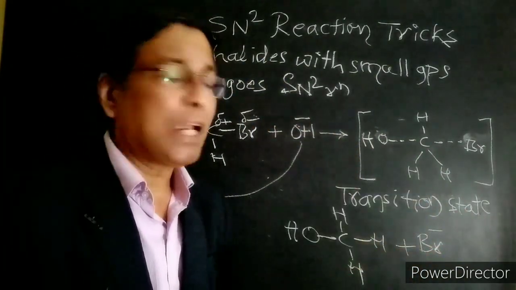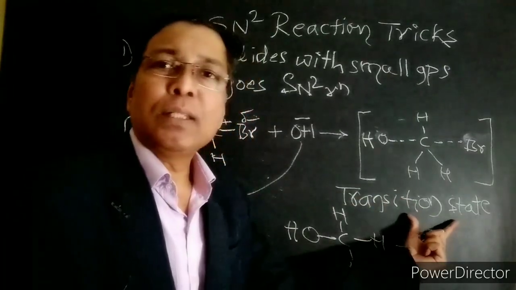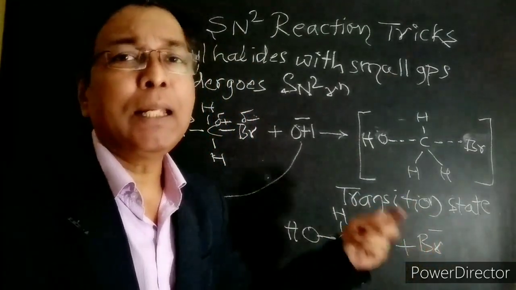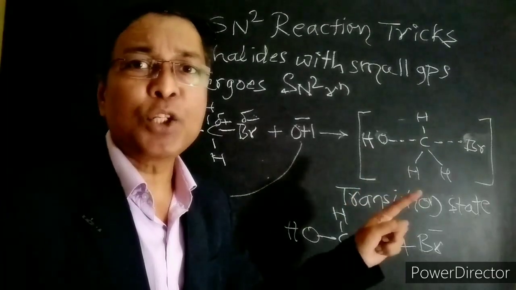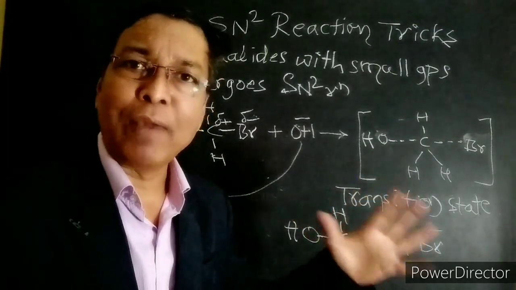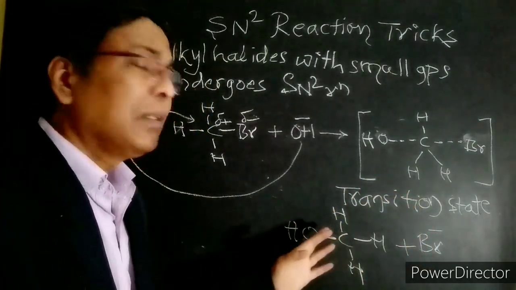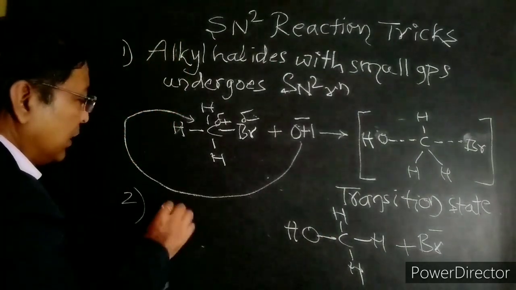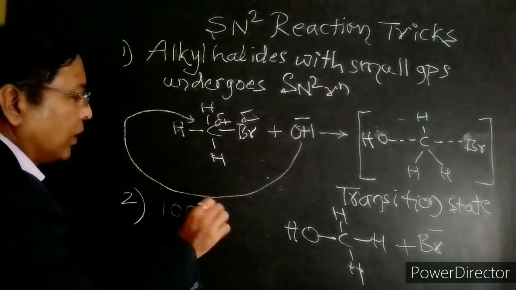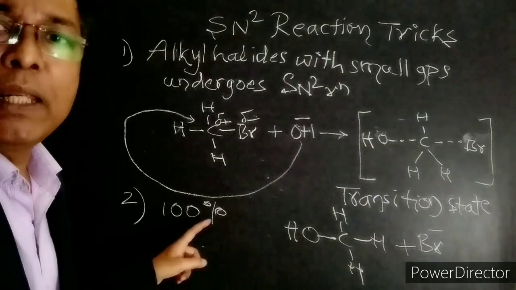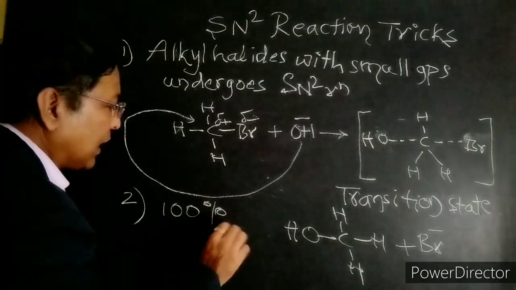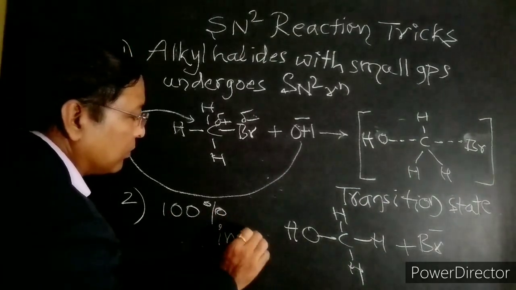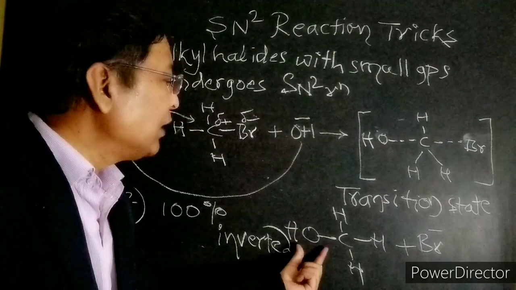In SN2 reaction, there is a transition state. What is a transition state? It is a highly unstable state in which the carbon atom is pentavalent. If you see, the product is 100% inverted. In SN2 reaction, we get 100% inverted configuration product. Why do we call it an inverted product?